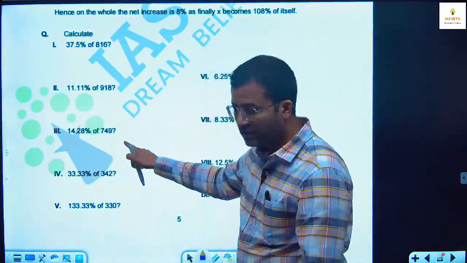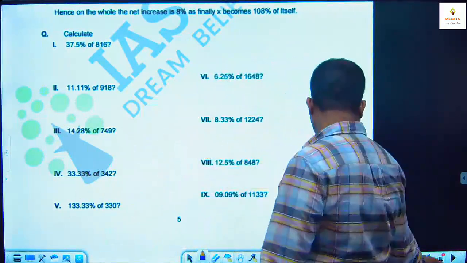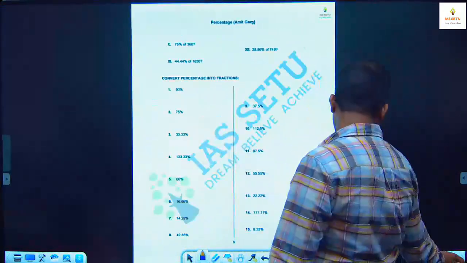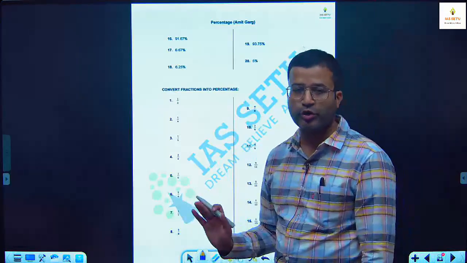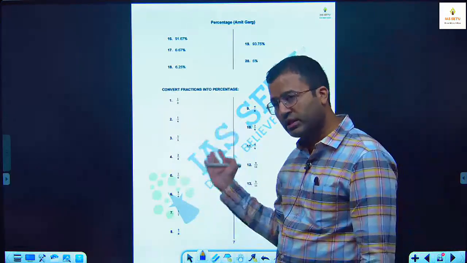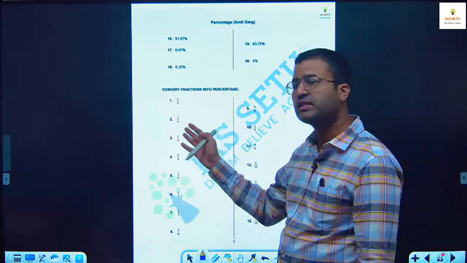Second homework is the calculations given on page number 5, page number 6, page number 7. You have to try them, where you have to convert percentage into fraction, fraction into percentage, and use these values.